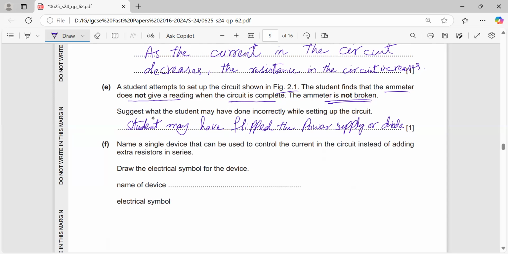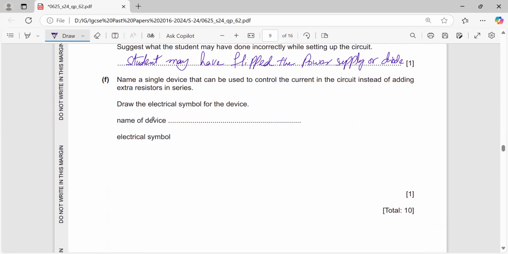Name a single device that can be used to control the current in the circuit instead of adding extra resistors in series. Draw the circuit electrical symbol for the device. This is very common. See, the name of the device is variable resistor.